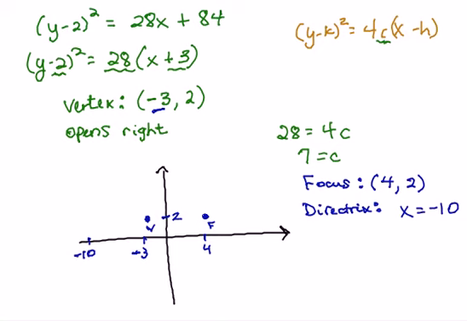I'll label that -10. And here's my directrix. And because the focus is so far from the vertex, this is going to be a pretty wide parabola. Maybe something like that, just a sketch. But there's our parabola, from general form to standard form to a graph.